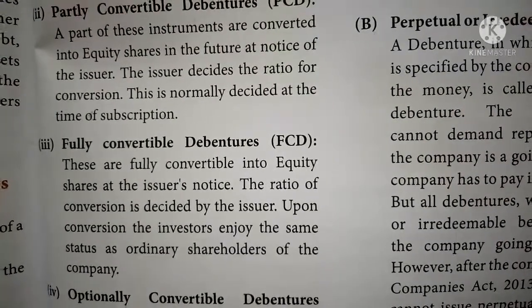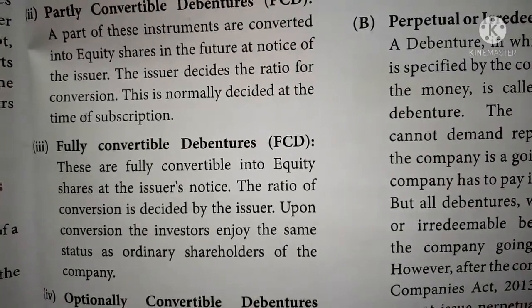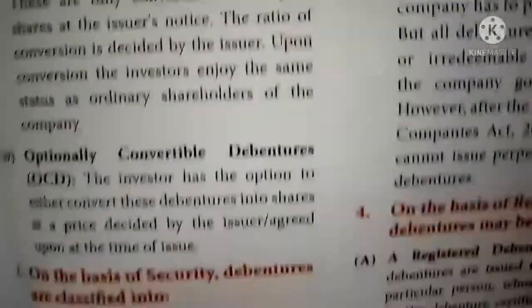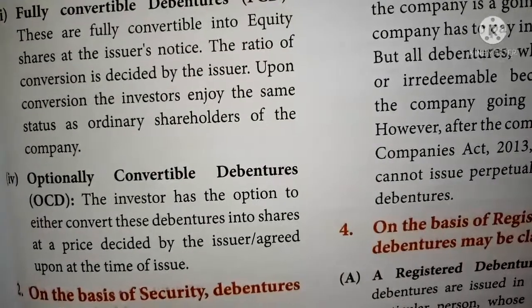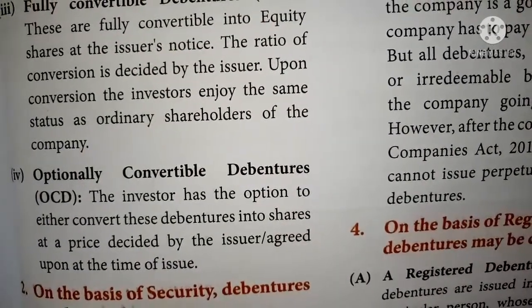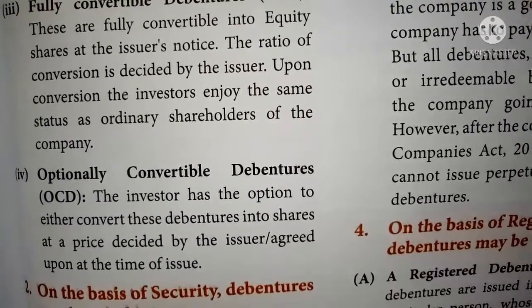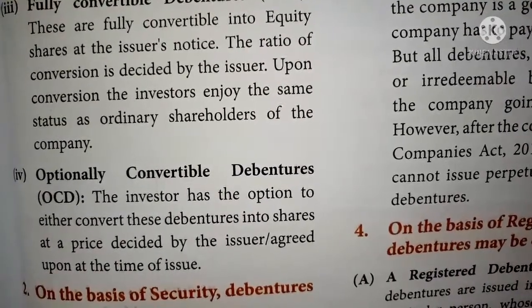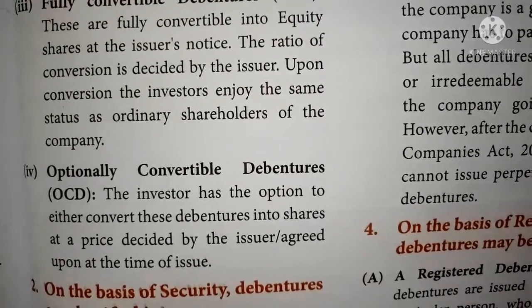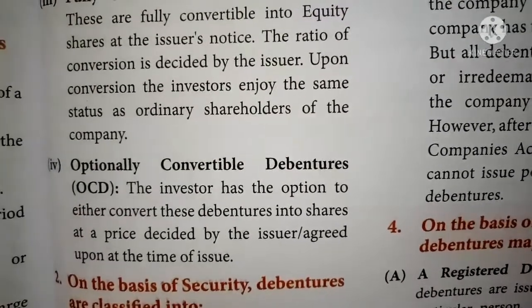Upon conversion, the investor enjoys the same status as ordinary shareholders of the company. Then optionally convertible debentures: the investor has the option to convert the debenture into shares at a price decided by the issuer or agreed upon at the time of issue.